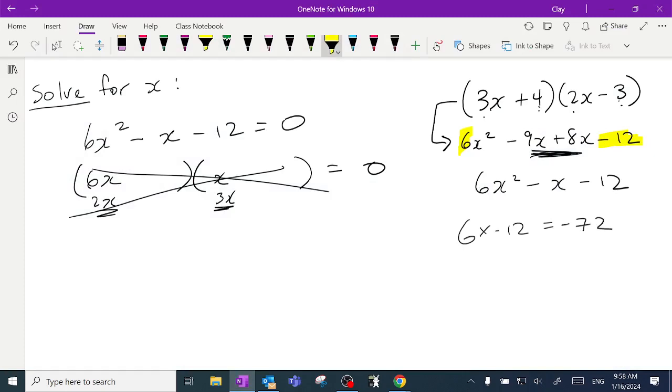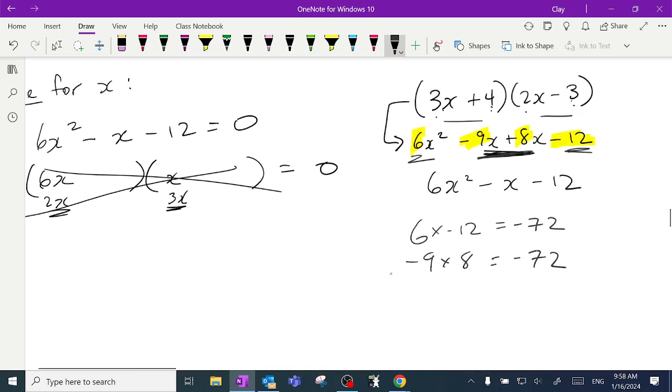Notice also that negative 9 times positive 8 is also negative 72. And that will always be true when you multiply two binomials with the same kind of terms in them together. You will always get two outside numbers that multiply to make the same thing as the two inside numbers.